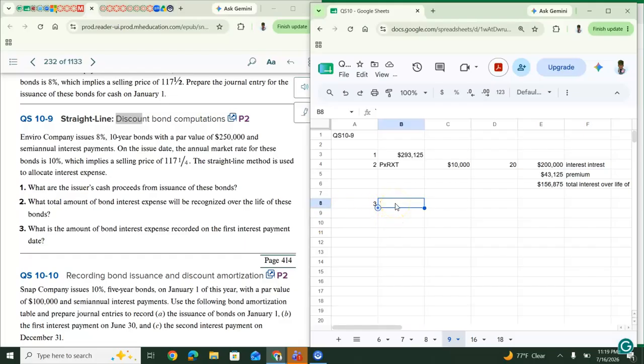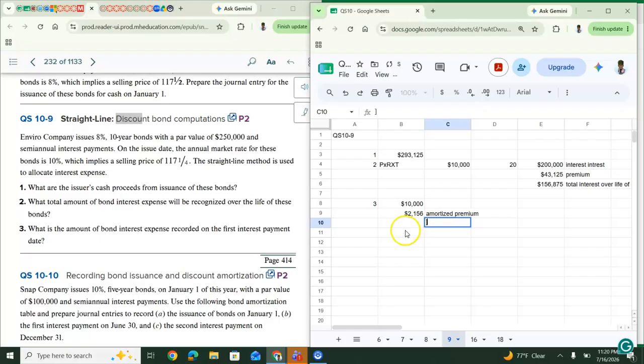And for this one, yeah, we already know that the payment is going to be 10,000. But because we're using straight line, we're going to take the 43,000 total premium, and you're going to divide that by 20, and that would be 2,150 amortized premium.